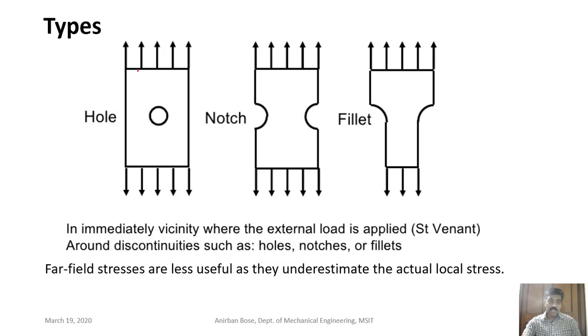If we only consider the far field stress, and based on that we do the design, then obviously we underestimate the actual local stress, and our design will not be safe, because there is always a chance that around this section the stress will be more than that, and before our prediction it may fail close to these sections.